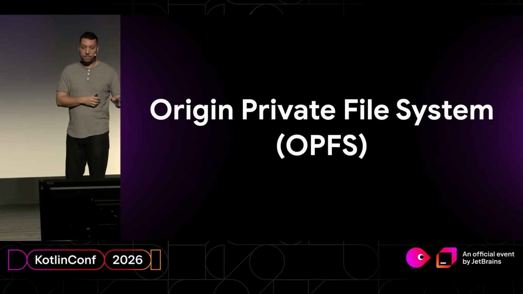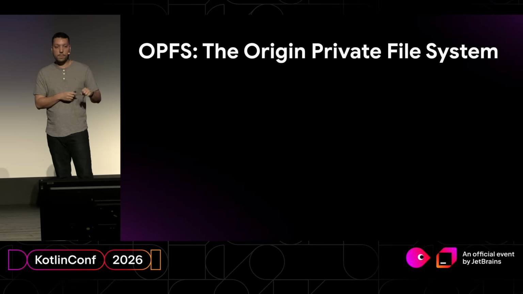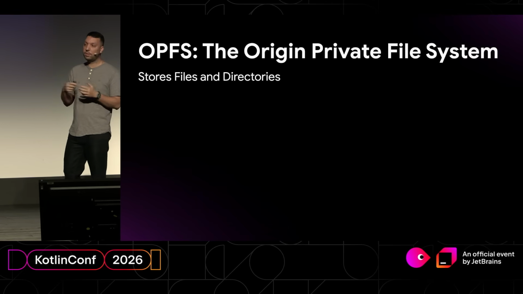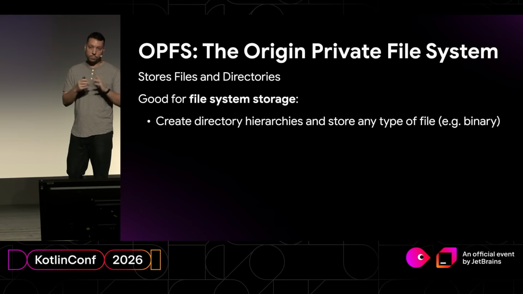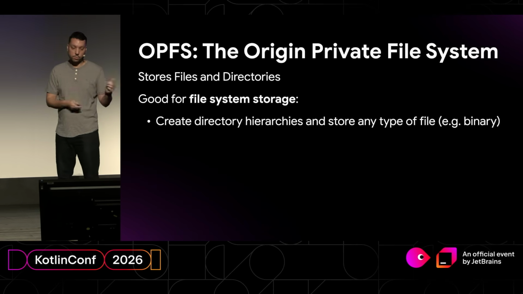What is Origin Private File System? So it's a very different one from the ones we mentioned before. It's really a virtual file system, and it allows you to store files and directories, and it looks like a regular file system in the sense that you can create directory hierarchies, and the files are just binaries, you can store whatever you want.